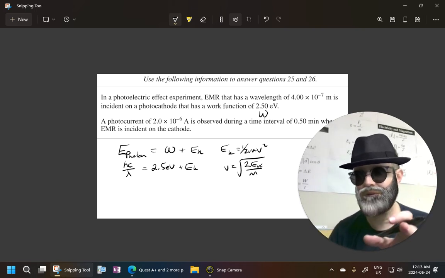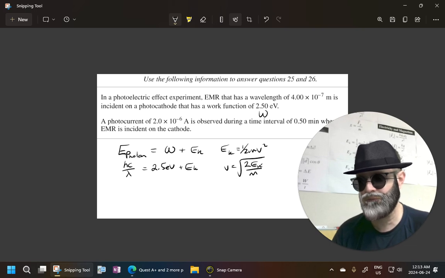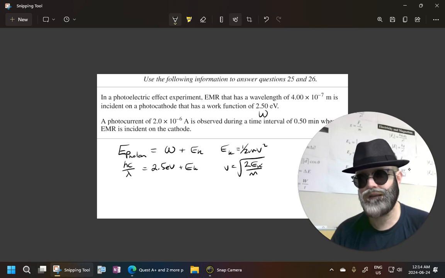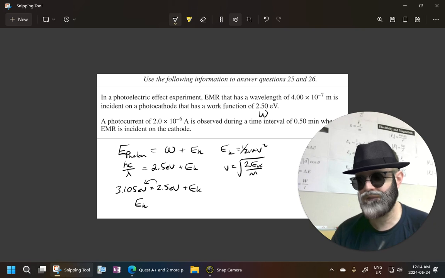So the first step here, I'm just going to use the h, that's the 4.14, the electron volt version of this number, and the wavelength. So I get an energy here of 3.15 electron volts, minus the 2.5 electron volts, and then I get my EK.